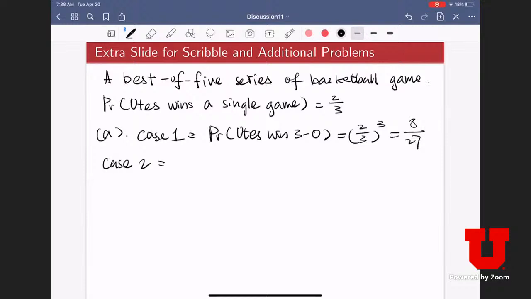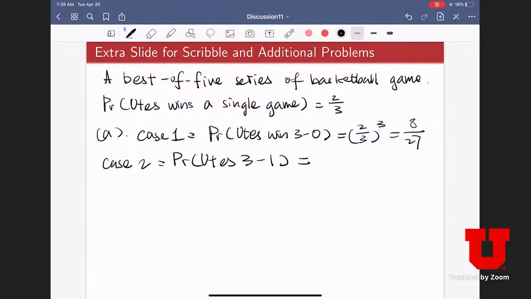And for our case 2, we want to make sure it wins the last game.